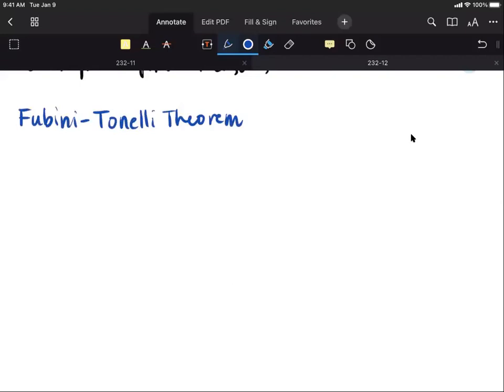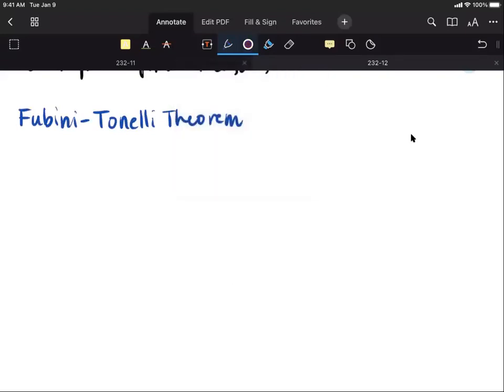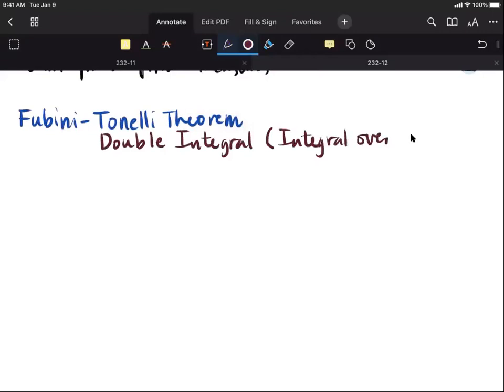which aims to write a double integral, by this we mean precisely an integral over a product space, as an iterated integral.